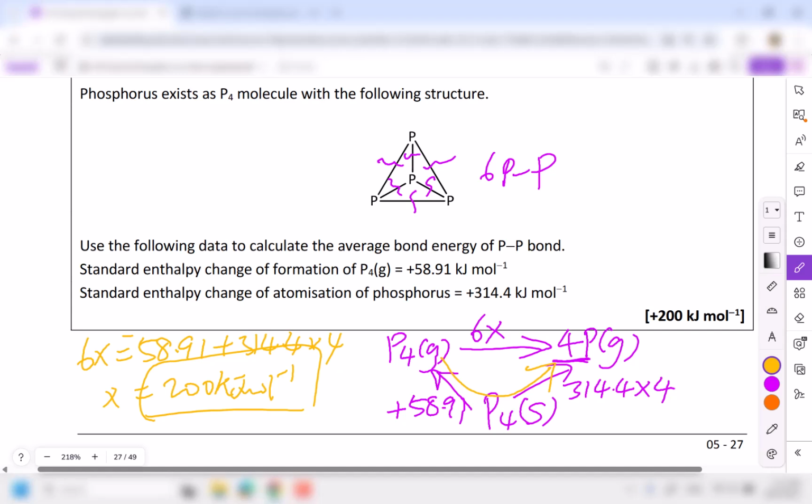In a strained system like this, when they're constrained into a certain shape, the bond-pair repulsion becomes more significant because number one, you force them to take on a certain angle, and number two, you force them to be close to each other. Because of that, the repulsion will weaken the P-P bond.